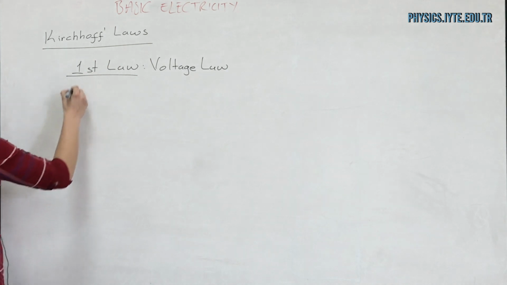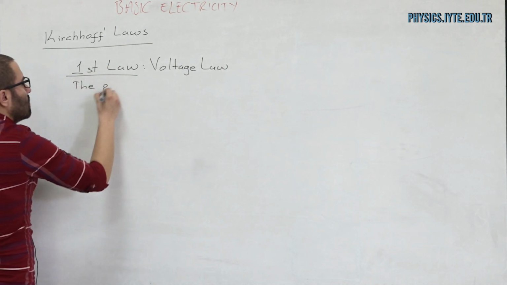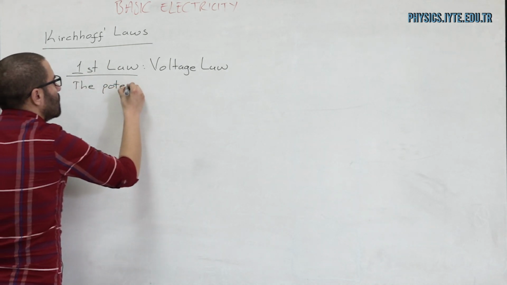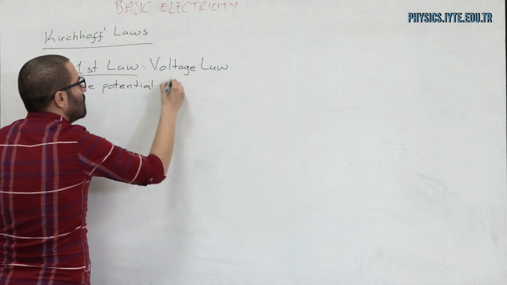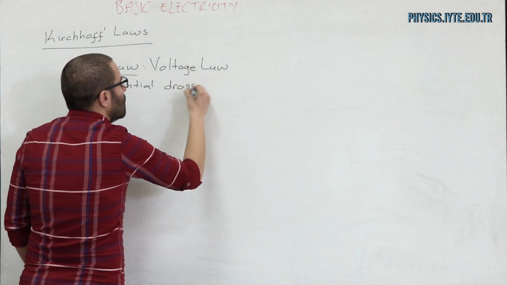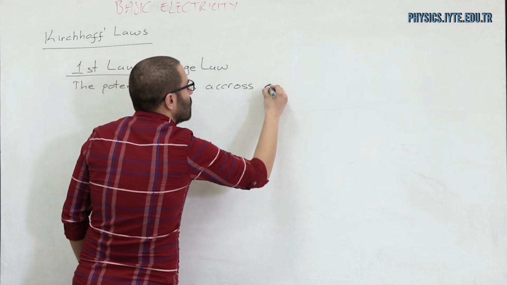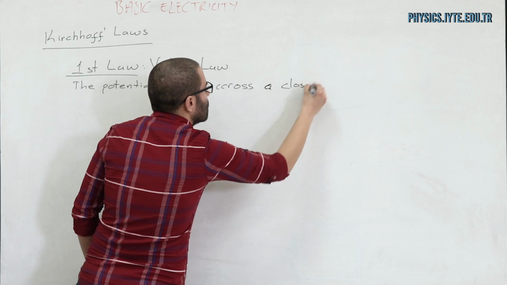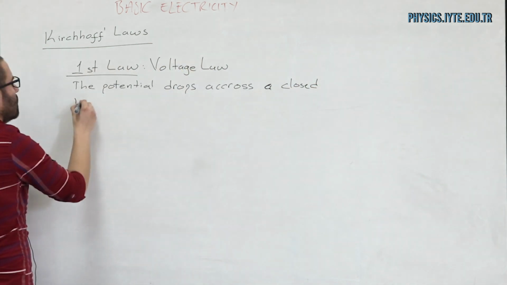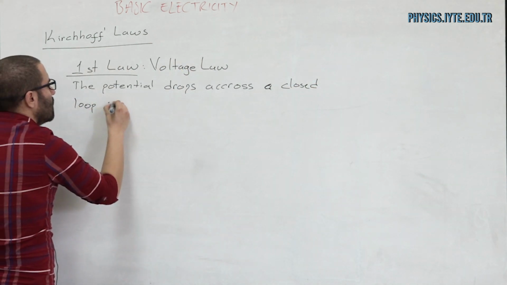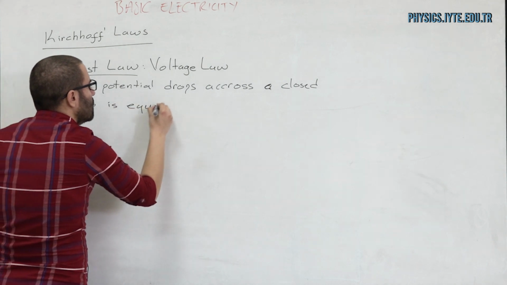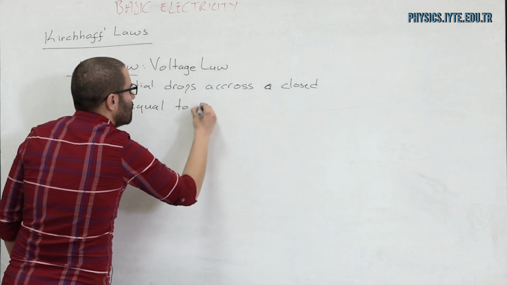It states that the potential drops across a closed loop is equal to 0.